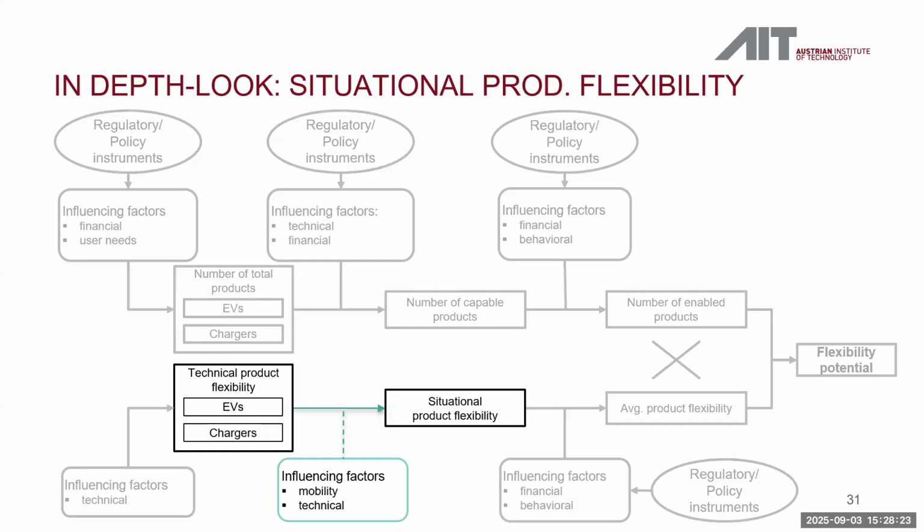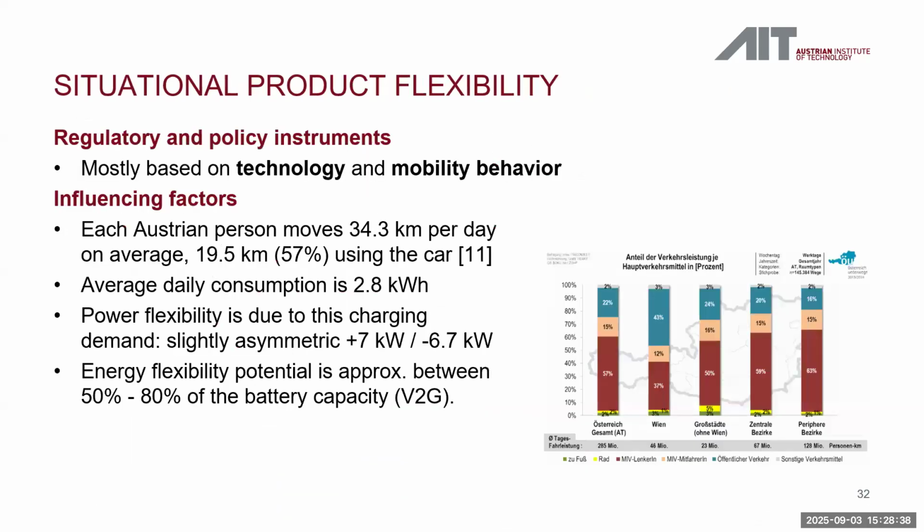So next one. And from the technical product flexibility to situational product flexibility, at this point, we are looking into the mobility behavior and the technical aspects. So in Austria, from our large survey, we can see that the average person moves around 34 kilometers per day.